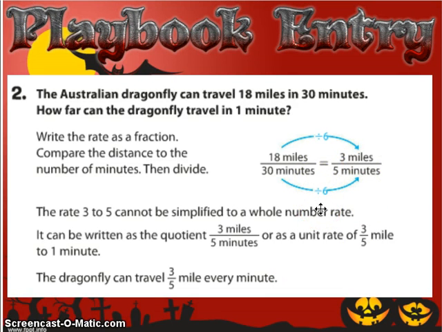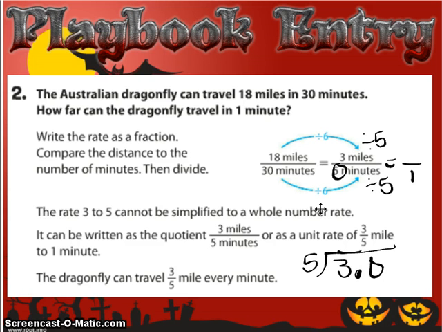Well, that's because if we actually were to go from 5 minutes to 1 minute, I would be taking my 5 and dividing by it, which means I would have to divide my 5 at the top. So I would then end up having 5 into 3. Now we know that 5 can't go into 3, so that's why we end up having to add our decimal and add a 0.